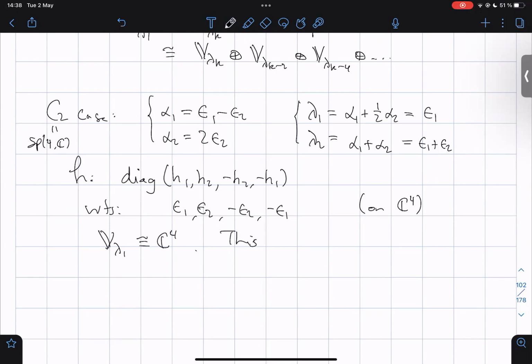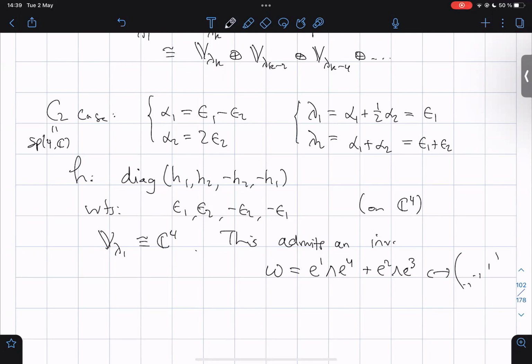But being in the C2 case here, SP4, this admits a symplectic form. So an invariant symplectic form, which I'll write as E1 wedge E4 plus E2 wedge E3. Okay, or this is associated with that defining bilinear form, skew symmetric matrix, looking like that.